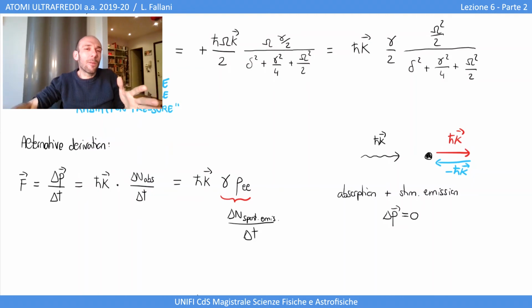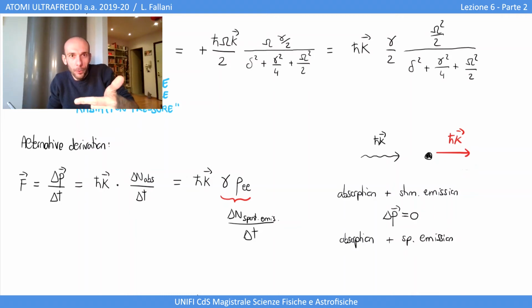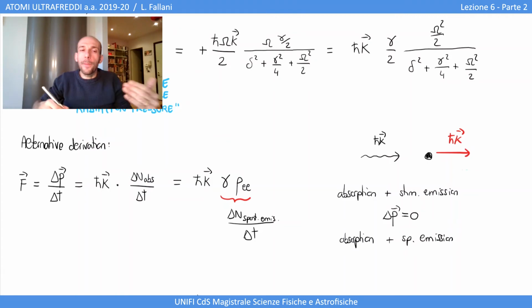In some sense, when you consider the average process, you take a photon and you give a photon back, and nothing changes on average. But the situation is different when you consider spontaneous emission, because in the process of absorption followed by a spontaneous emission event, the atom absorbing a photon will of course recoil in the direction of the laser photon, with h bar k.